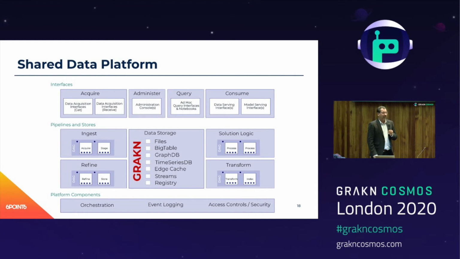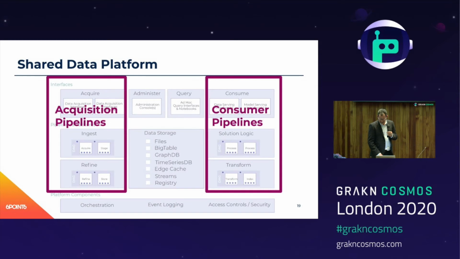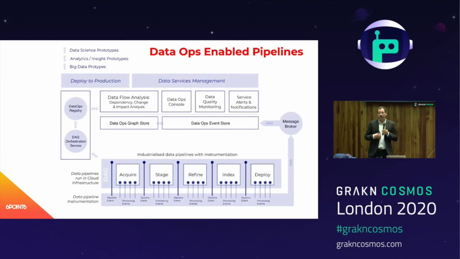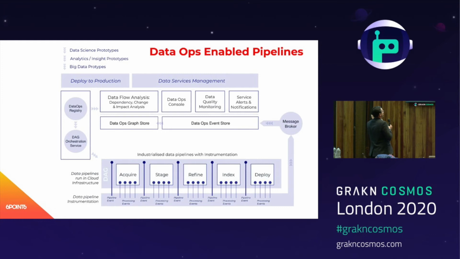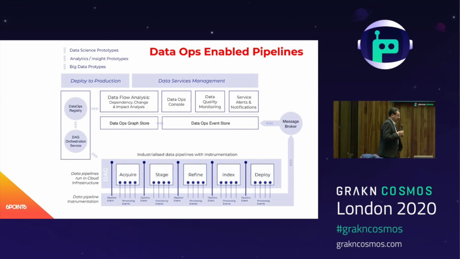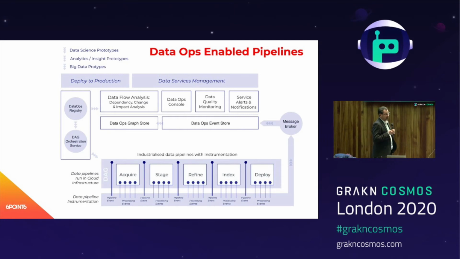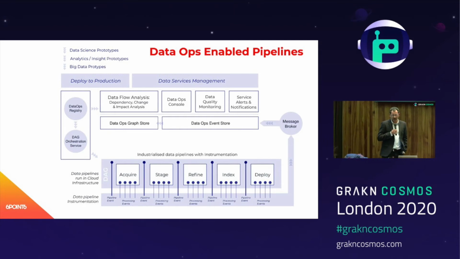So this is the landscape we're in, and you can see right away that the failures don't happen when data is at rest, right? The failures happen when data is in motion. So we have to really examine our pipelines, and we have acquisition pipelines and consumer pipelines. What I proposed in my complex job, where everybody was upset about quality, was that we would do a couple of things. One, we would implement a common logging framework, and this common logging framework would be tied to the pipeline, right?